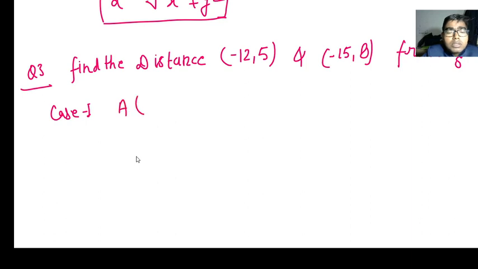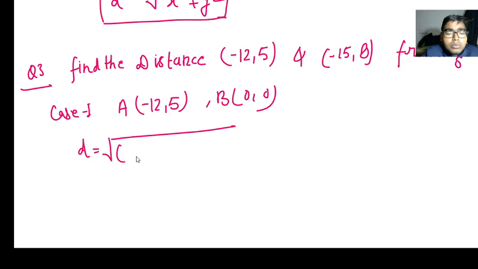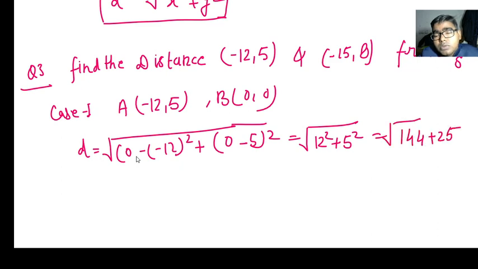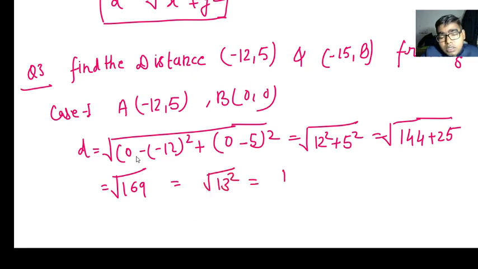Point A is minus 12 comma 5 and point B is 0, 0. So the distance is the square root of 0 minus 12 whole square plus 0 minus 5 whole square. This becomes the square root of 12 square plus 5 square, that is 144 plus 25. It means simply root 169, which is 13 units.